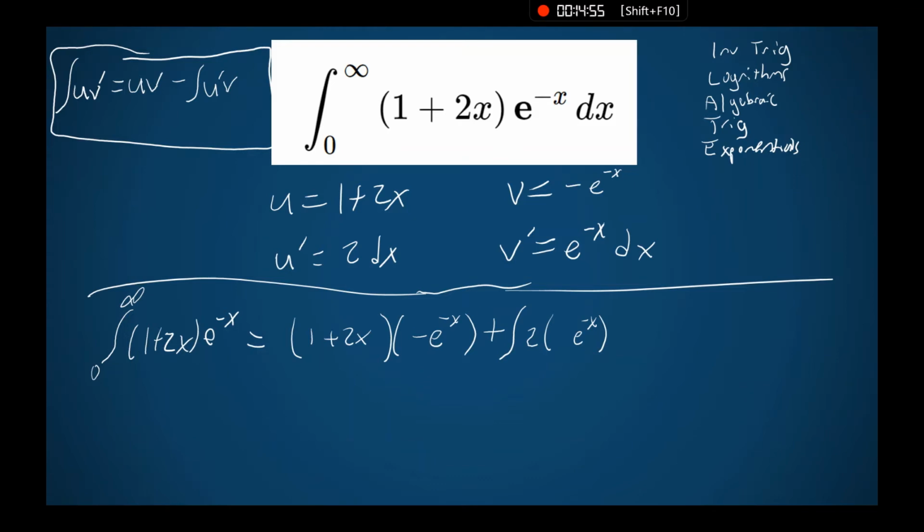I guess I'll do this in 2 steps. So this is 1 plus 2x times negative e to the negative x plus 2 times the integral of e to the negative x dx, which we've already integrated here. So I can sub in 1 plus 2x times negative e to the negative x plus 2 times negative e to the negative x.